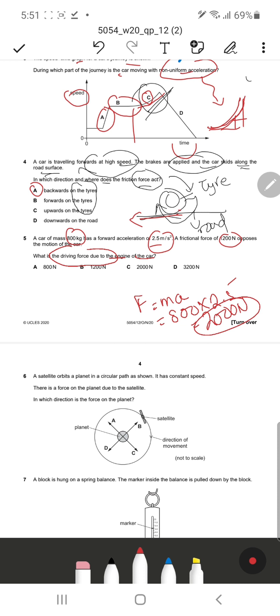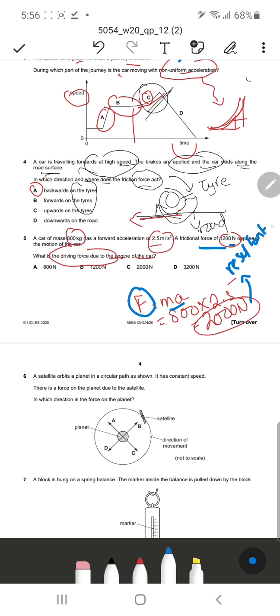Now it says the driving force of the car due to the engine of the car. So this is not done here, we need to do another important thing. They have also said that the frictional force is 1200 newtons. The force which you find by the equation F equals ma gives us the resultant.